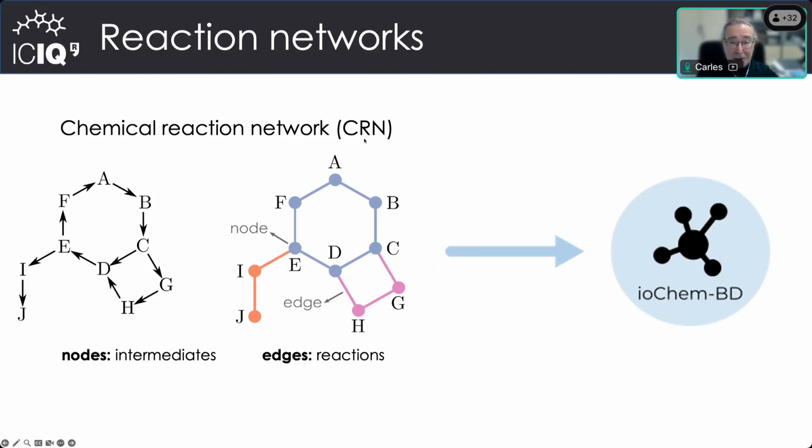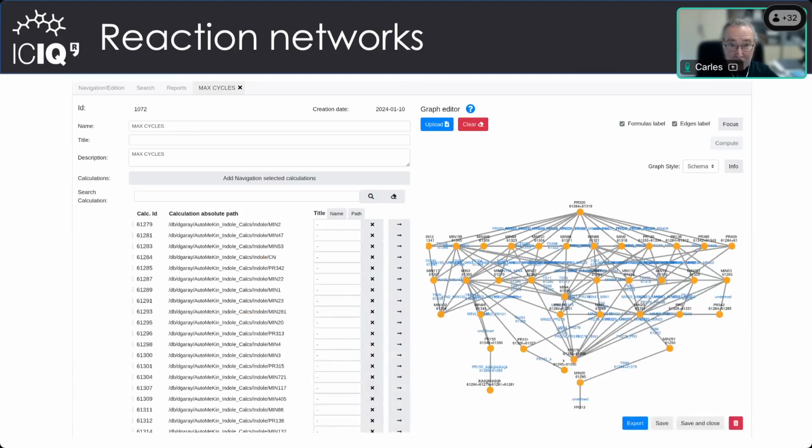And while reaction networks, you all know, we treat them as graphs, with intermediates being the nodes, and the chemical reactions, as we know, being the edges. And in our world of computational chemistry, the edges contain a transition state, and you have reaction energy barriers, etc. So now IoChem can handle reaction networks.